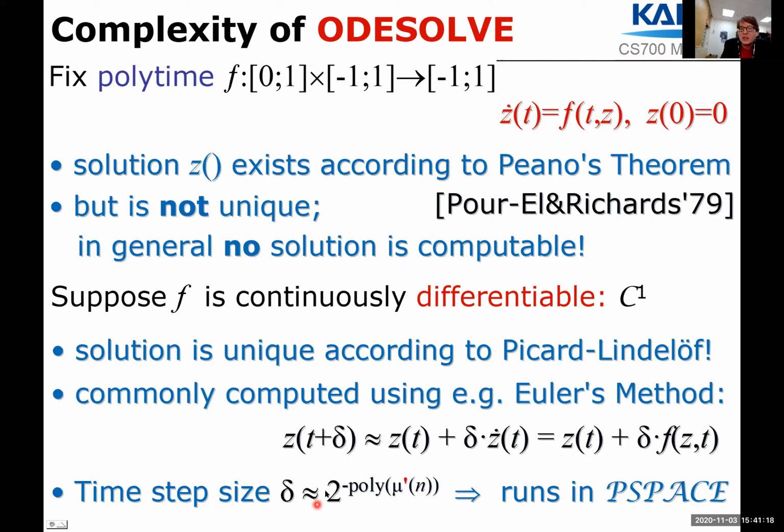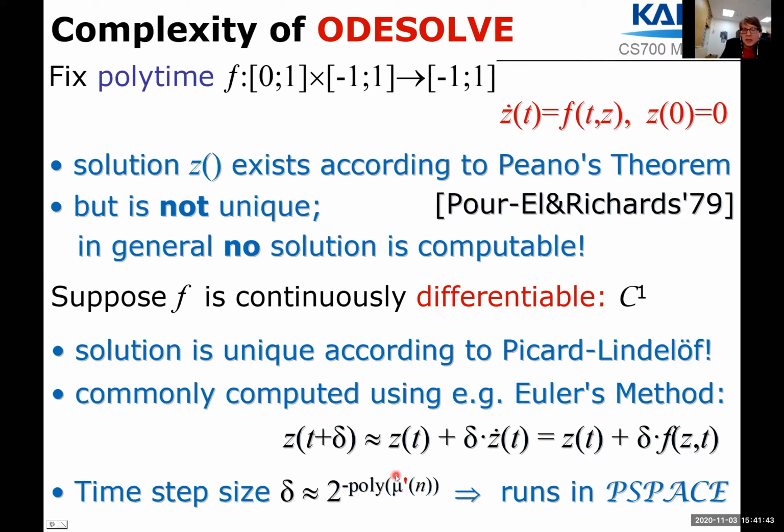If a single time step has length 2 to the minus some polynomial in n, then we need to make 2 to the plus some polynomial in n many time steps to climb from the initial time 0, where we're given the solution's value, up to the final time t equals 1.